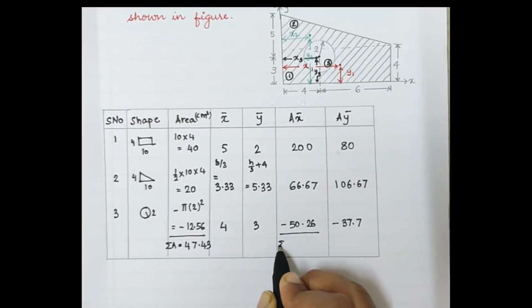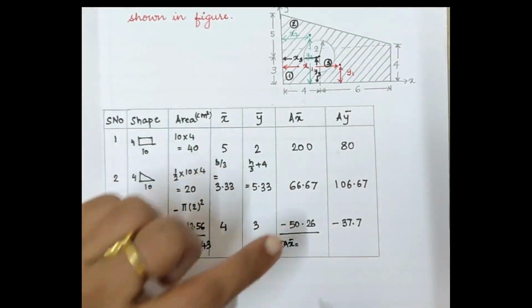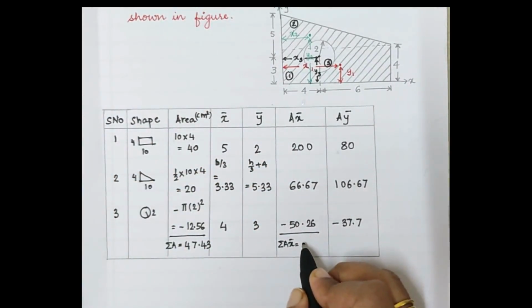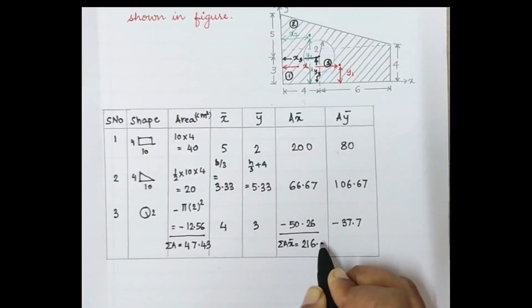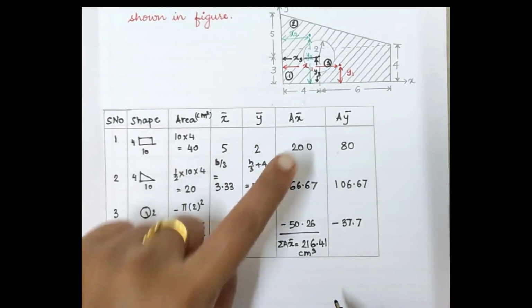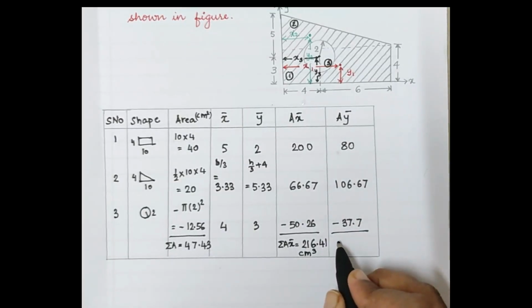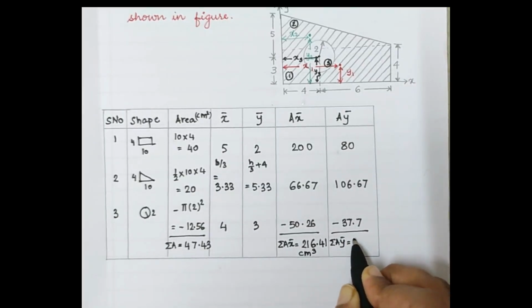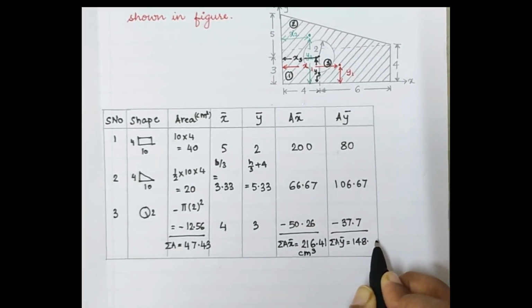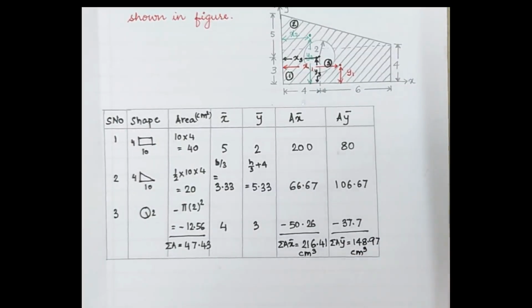We will add these values, so that is summation A x bar. Again, these are positive and this is negative. So we get a summation of 216.41. This value will be in centimeter cube because it is area into distance. Lastly, we will add these values. We get summation A y bar, which comes out to be 148.97. This also comes in centimeter cube.